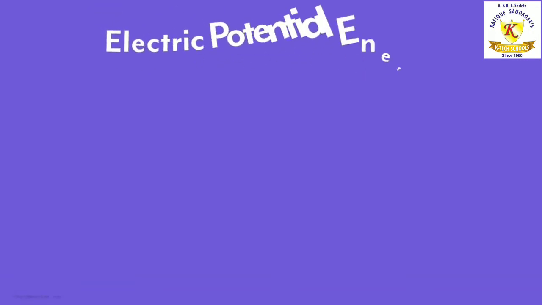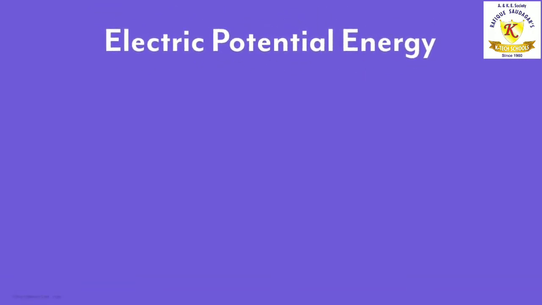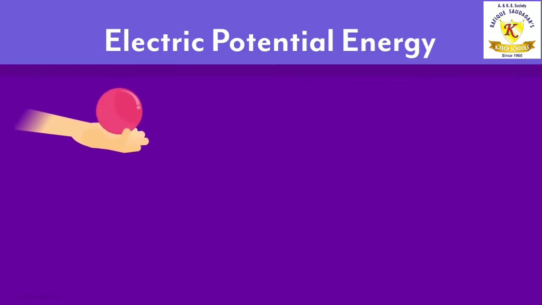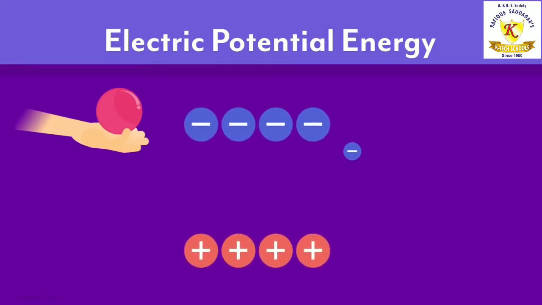Similarly, there is a concept of electrical potential energy. The electric potential energy of any charge describes how much stored energy it has. Just like the ball in your hand has high potential energy, a negative charge close to another negative charge has high potential energy.